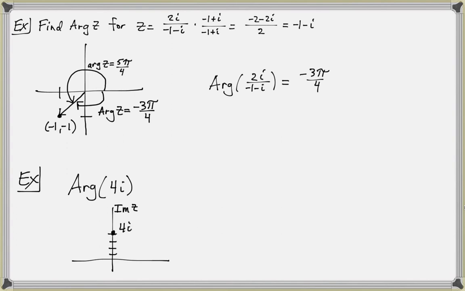And so if we measured the polar angle theta from the positive axis, we would get an angle of pi over 2. So we see that the principal value of the argument of 4i would be pi over 2.